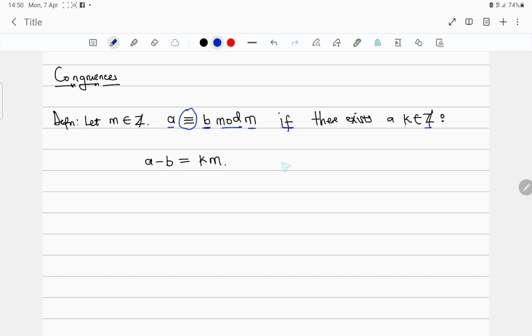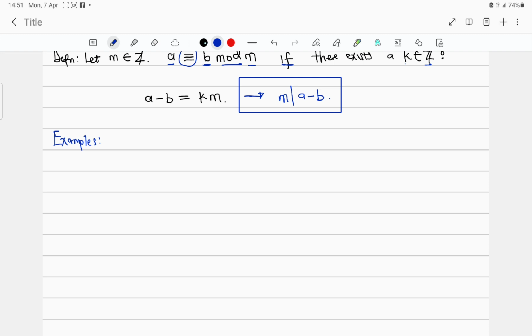By divisibility, this directly translates to m divides a minus b. So you can actually see that a is congruent to b modulo m if m divides a minus b.